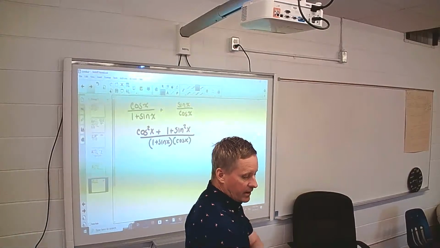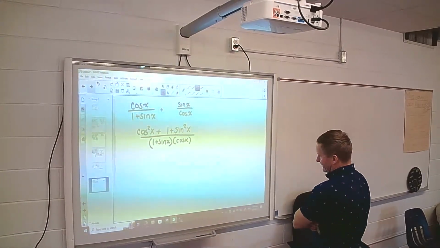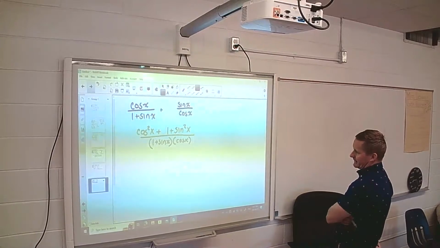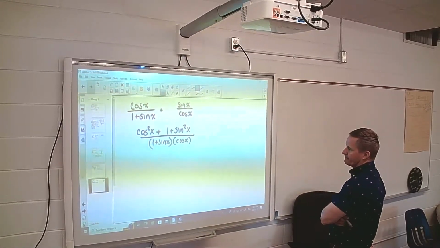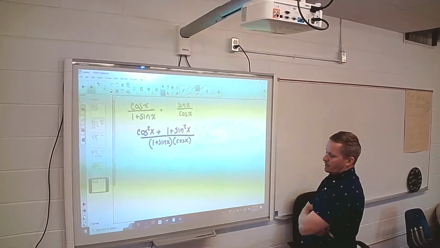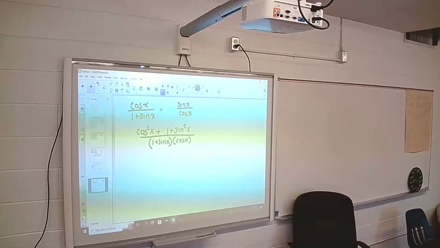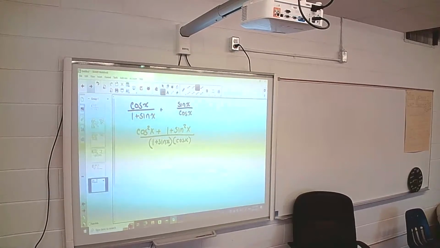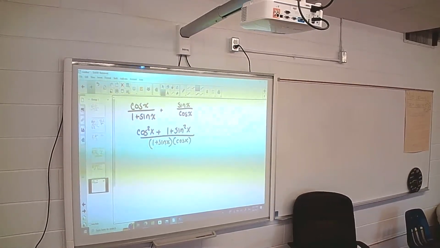So what I'm going to do here: can you change the cos squared x to 1 minus sine squared x? Does that make sense? It does make sense, but it would be a longer way to go. Change the sine squared to cos squared instead.